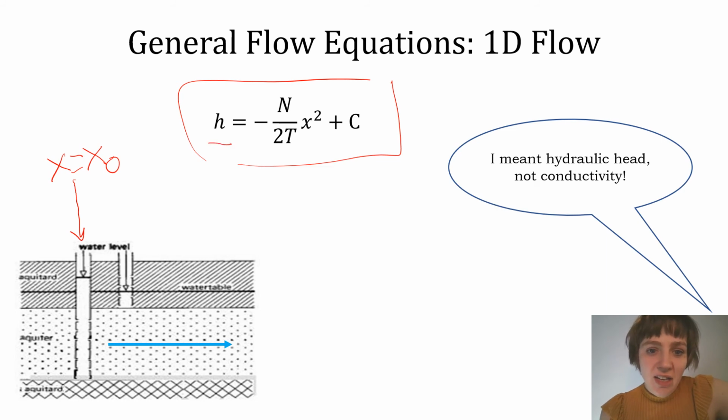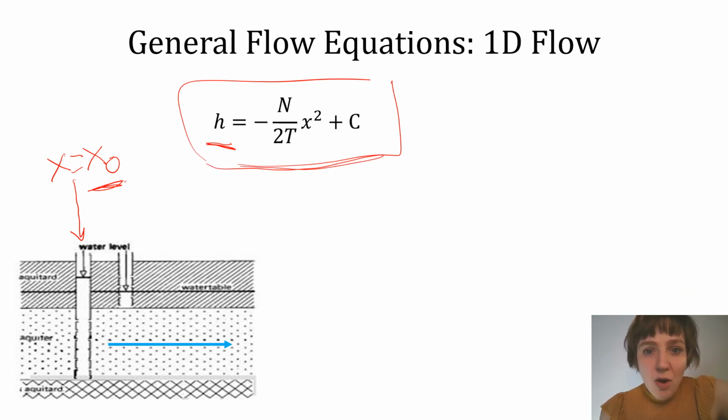So we'll call that h naught, the hydraulic head at x equals x naught equals this. Now, if we know the recharge rate N, then we ought to be able to determine the transmissivity of flow through the aquifer if we can compare the hydraulic head at two locations. So you might have one location at x naught and some other location some distance x away.